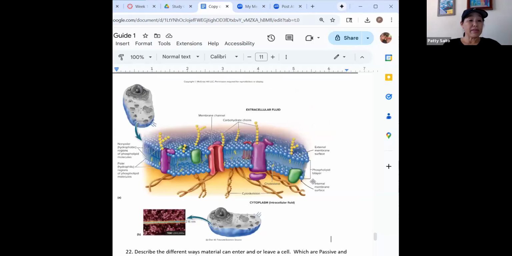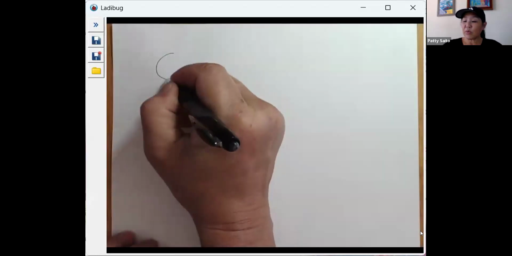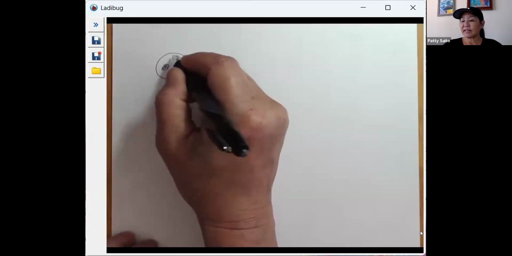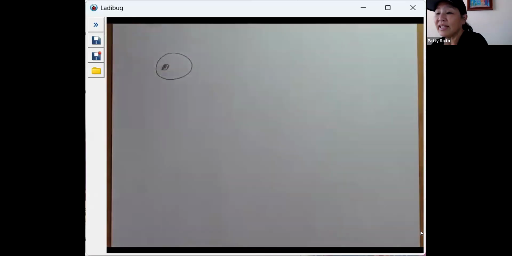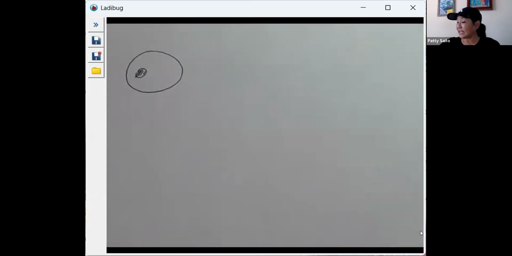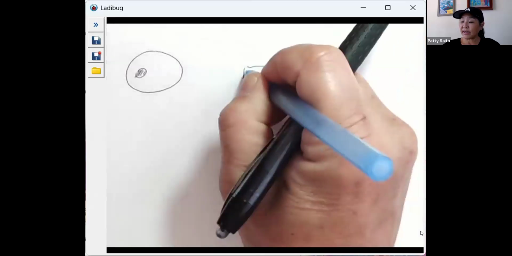Okay. One thing, let's take a quick look. All right, if we have our cell membrane, and one way it can be fluid, so here's a nucleus and there's lots of organelles inside of it, but there are some of our cells that, let's say we have some kind of foreign invader here, bacteria.